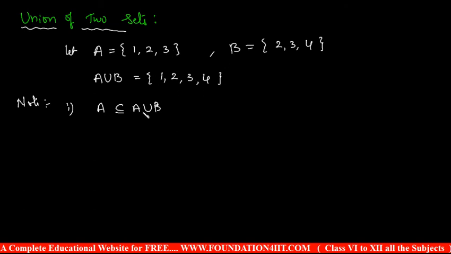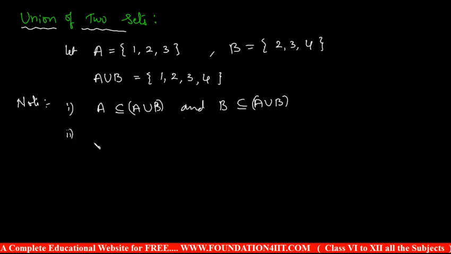That's why A is always a subset of A union B, and similarly B is also a subset of A union B. A and B are the subsets of A union B, right?